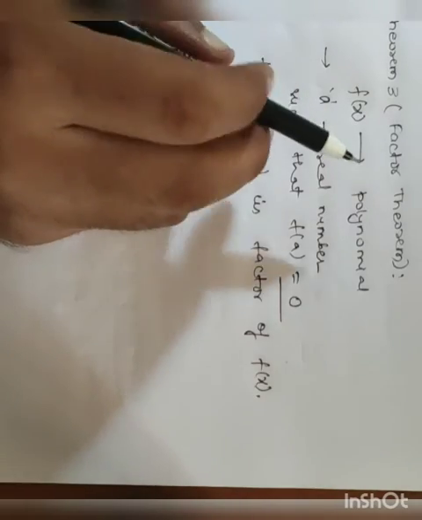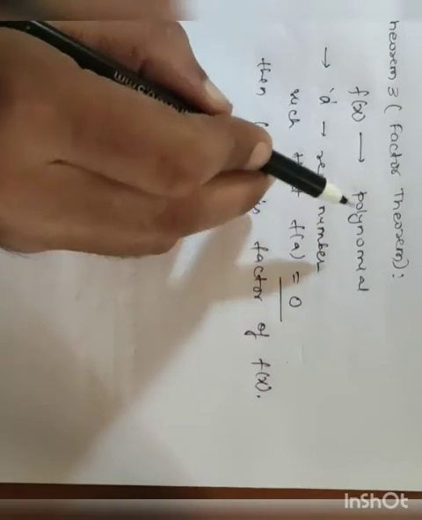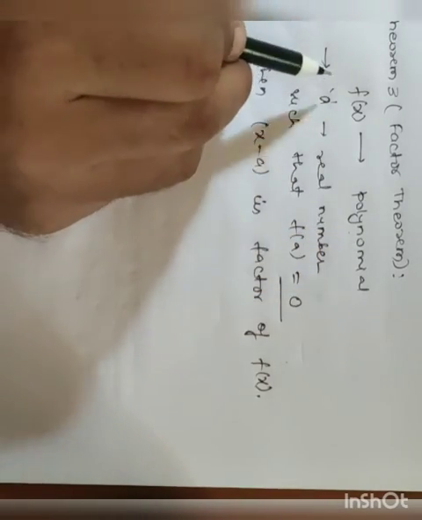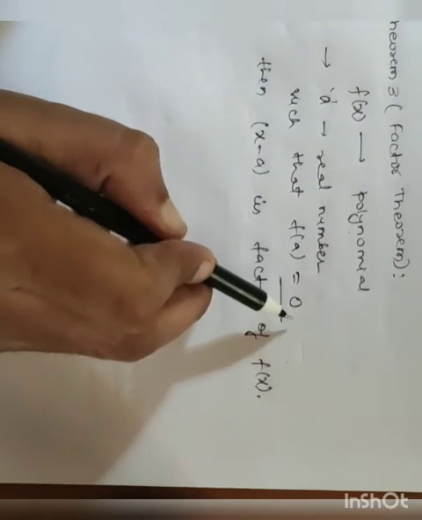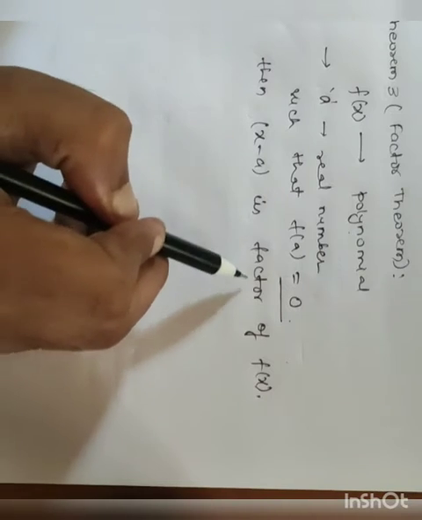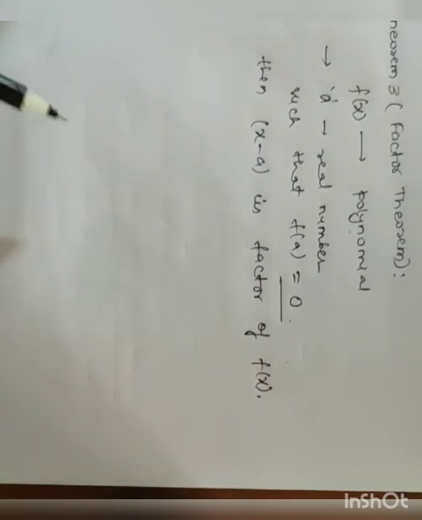So the factor theorem states that if f(x) is a polynomial and there exists a real number a such that f(a) equals 0, then x minus a is a factor of f(x).